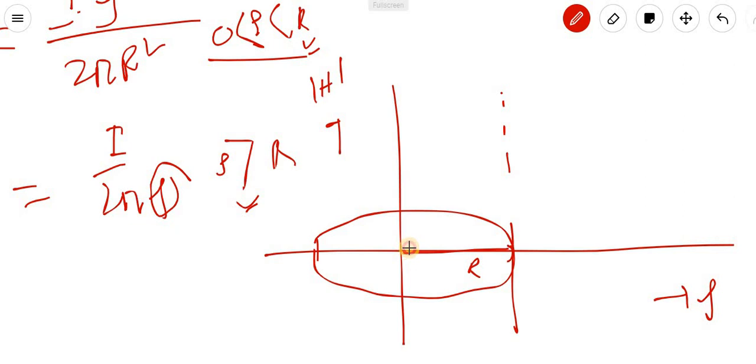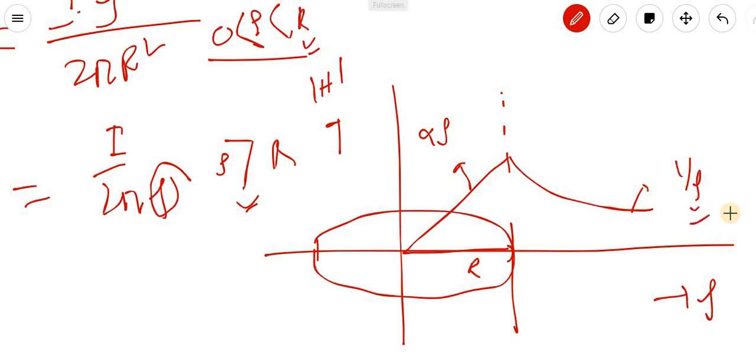The magnetic field intensity varies proportional to rho inside, and outside it is decreasing inversely with rho.